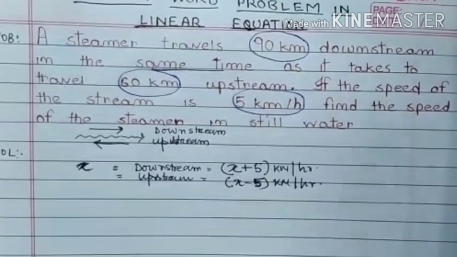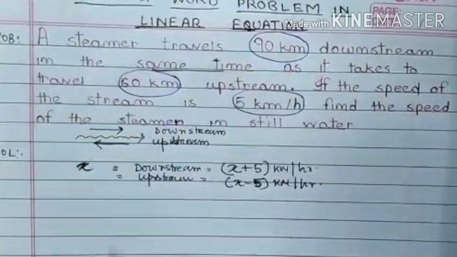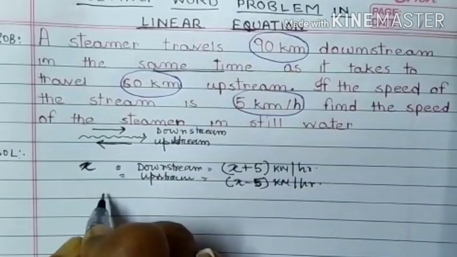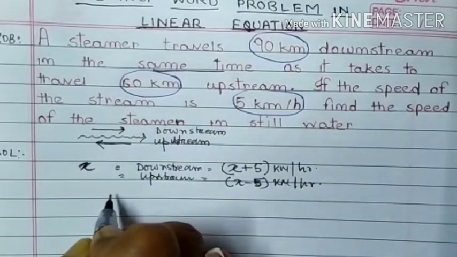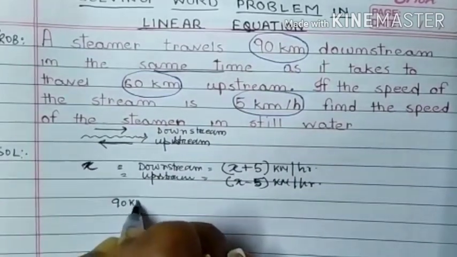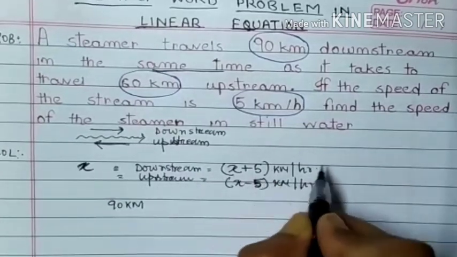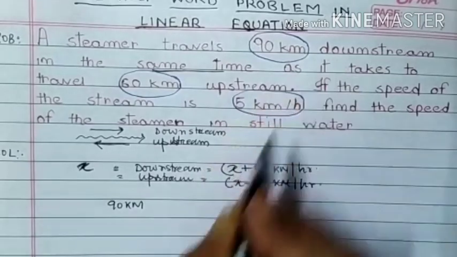Now, what is the clue here? How to write the equation? We have traveled 90 km downstream.